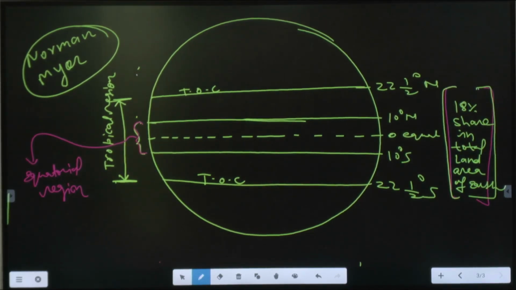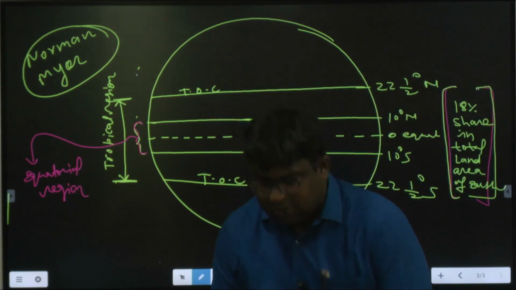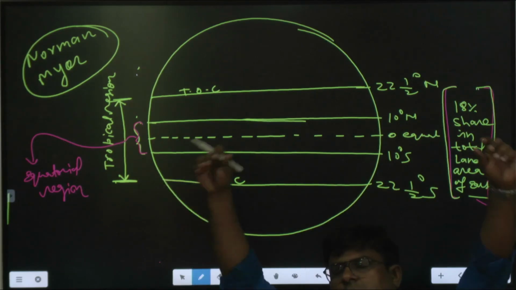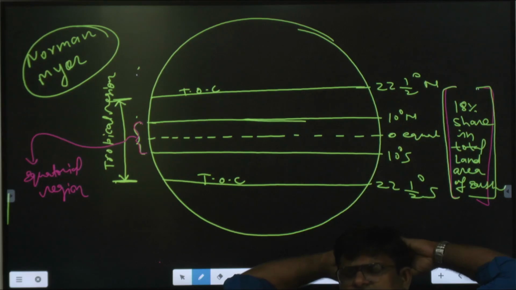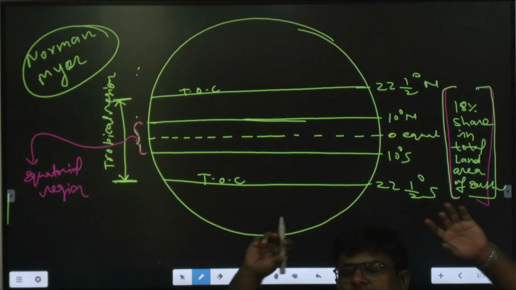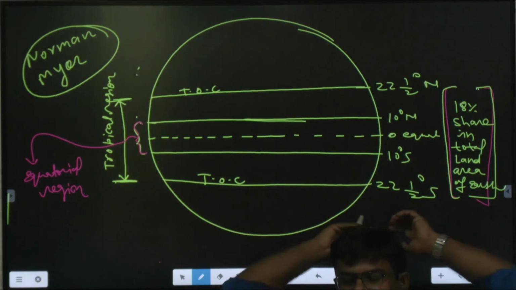Biodiversity of Earth is unevenly distributed, and this much information or content should be in quotes.